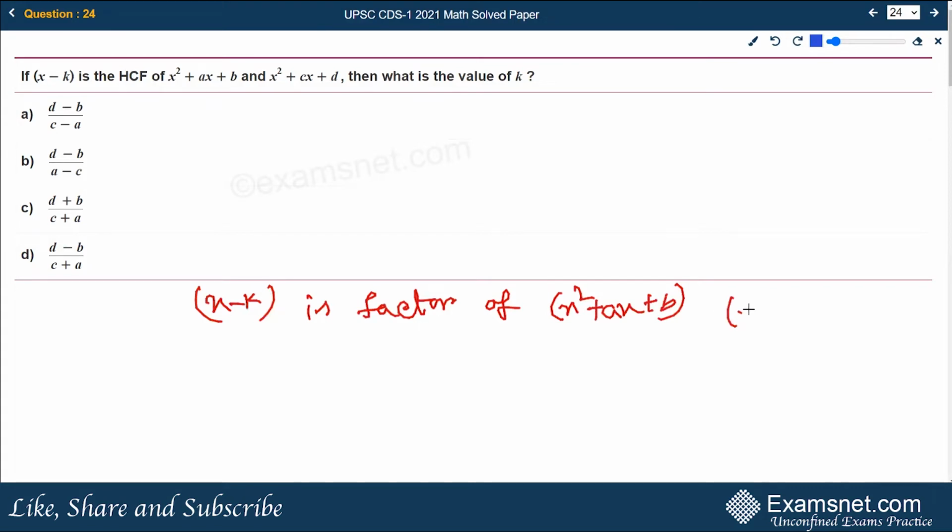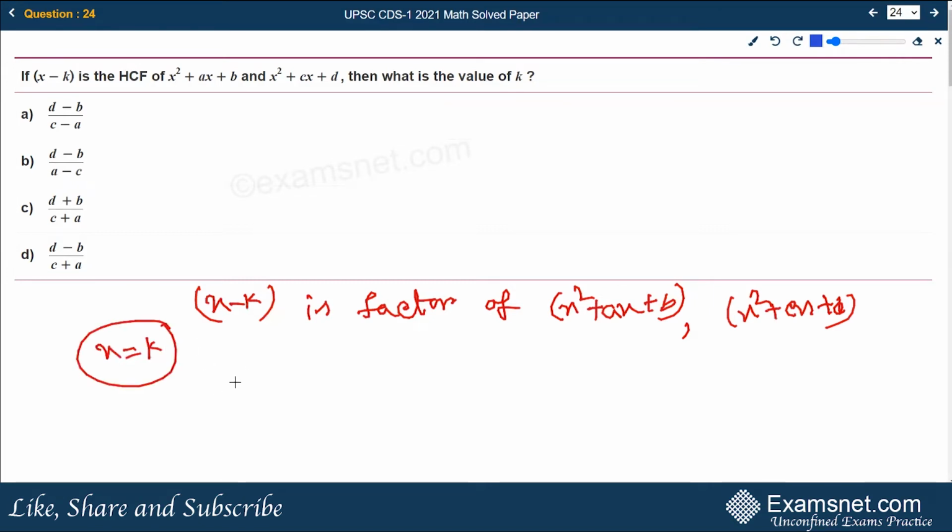polynomial equations also, correct? Okay, so from the factor theorem, we can say that if x minus alpha is a factor of f of x, then f of alpha equals 0. So that means x equals k.